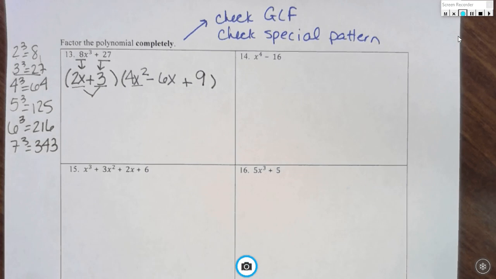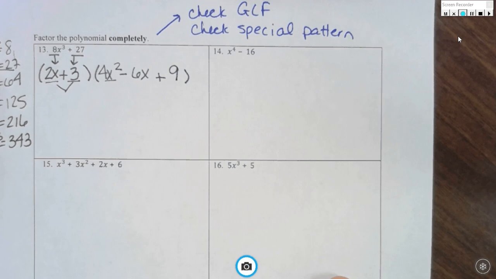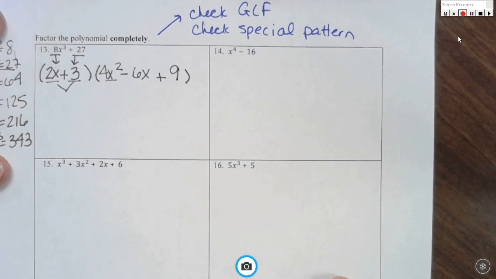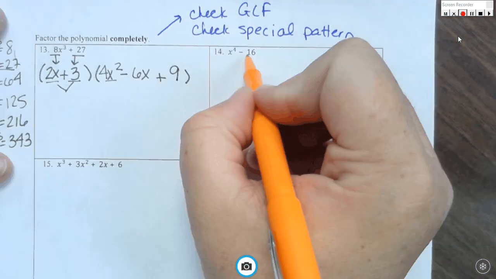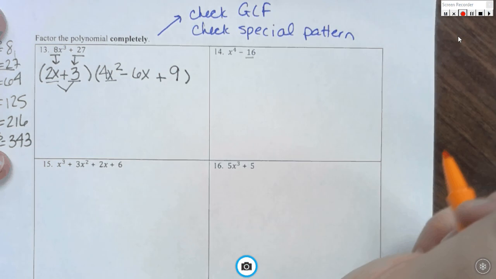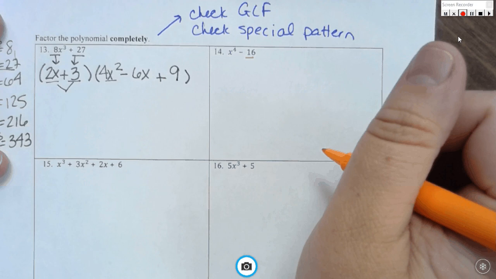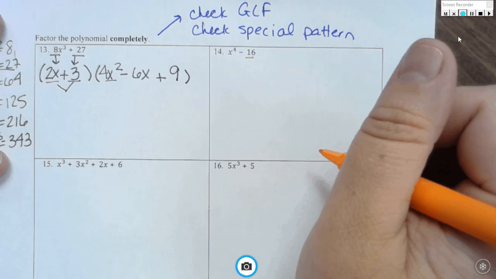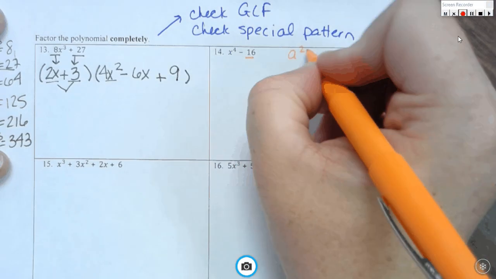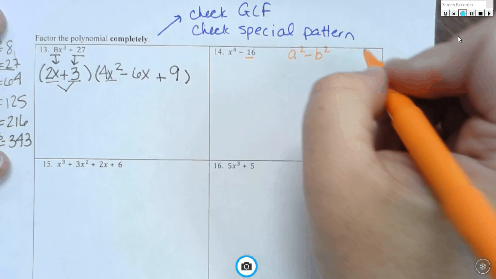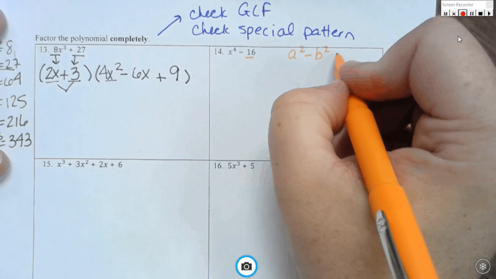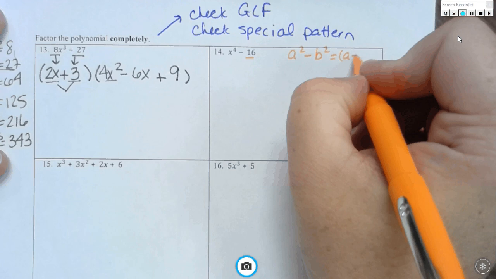All right, number 14. I do not have a GCF here. However, the first thing I recognize is this 16 I know is a perfect square, so I want to look, could it possibly be a difference of two squares? Remember, a difference of two squares is when the two terms are both perfect squares, then it factors this way.